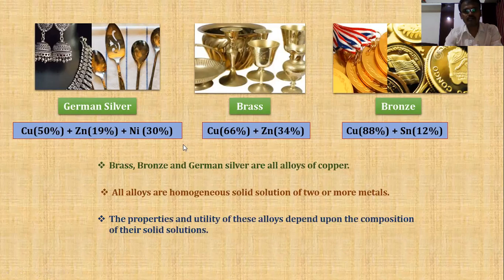Because if you change the composition, their properties will change, their utility will change. Got it? Let me repeat that sentence. As the composition of solid solutions or alloys changes, their properties will change, their utility will change, isn't it? So therefore, it is important for us to know about solid solutions, or in general solutions.